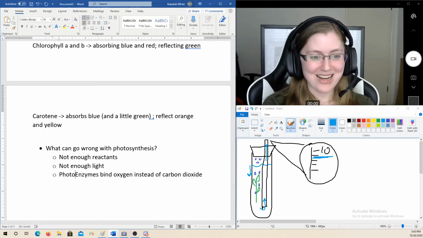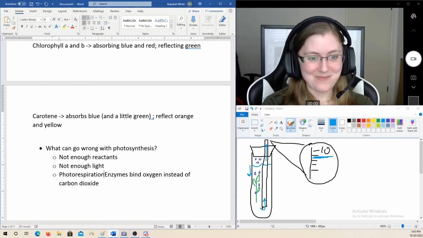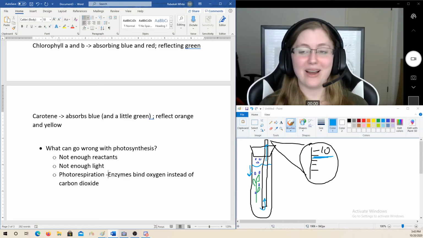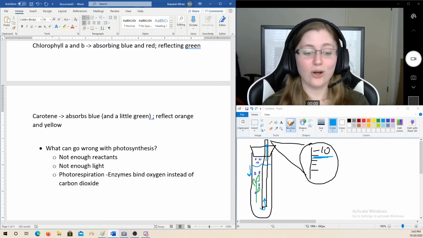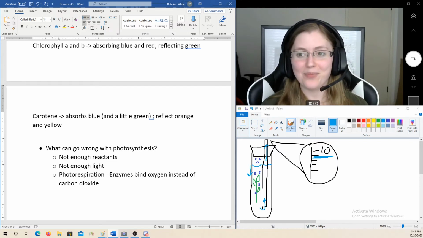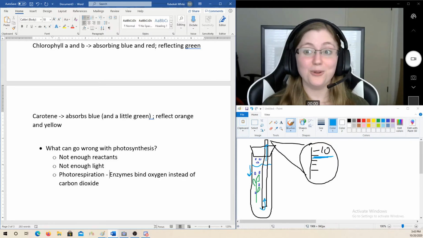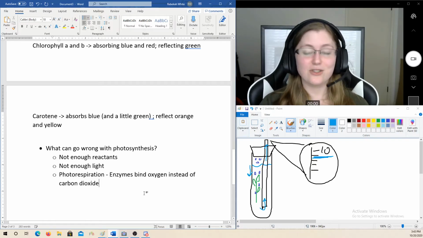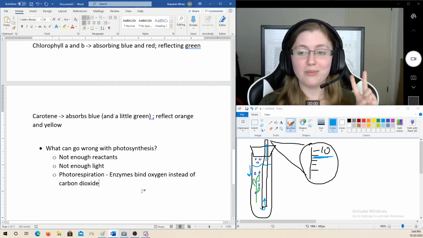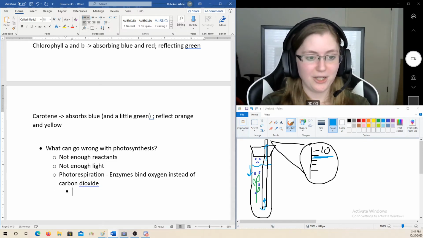So this process of enzymes grabbing oxygen instead of carbon dioxide is called photorespiration. And it is a huge problem for plants. So much so that two completely different pathways have developed and evolved over time to deal with photorespiration.